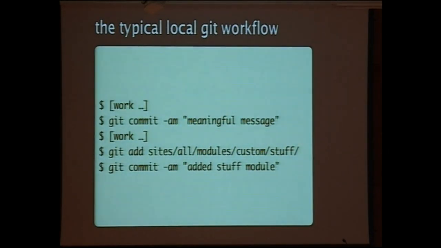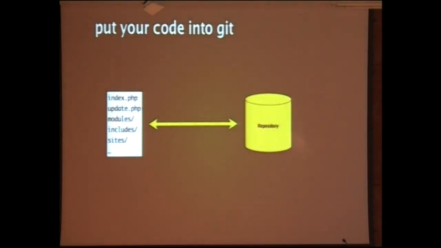You do some other work, you add a new module, you add that to the repository using git add and then the directory, and do another commit with a good message. So your code is in a Git repository now.